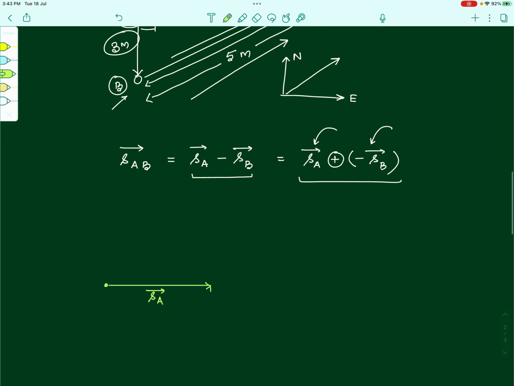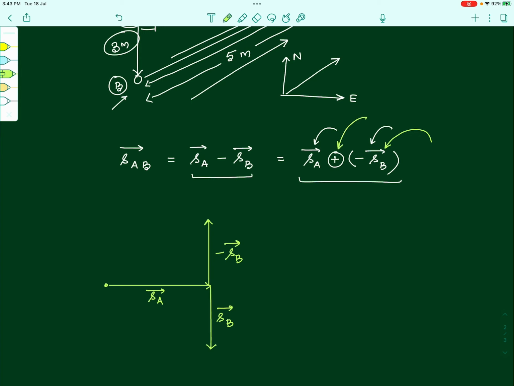And this is the displacement of body B, downwards, SB. What are we supposed to do? We are supposed to get minus SB, the negative of the displacement of B, which from vectors we understand will be this vector: just equal and opposite to vector SB. And now we are supposed to add these two.